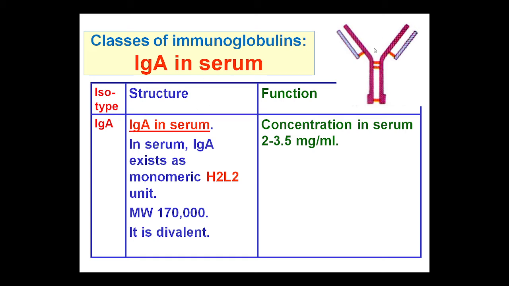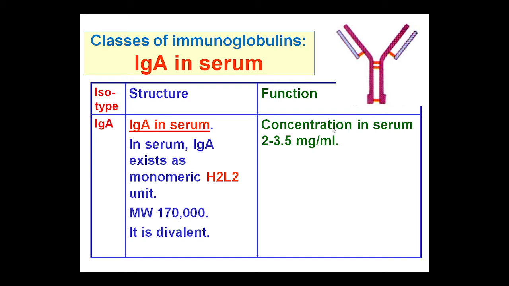Serum IgA is a monomeric molecule with the formula H2L2, two heavy and two light chains, molecular weight about 170,000 daltons, 170 kilodaltons.